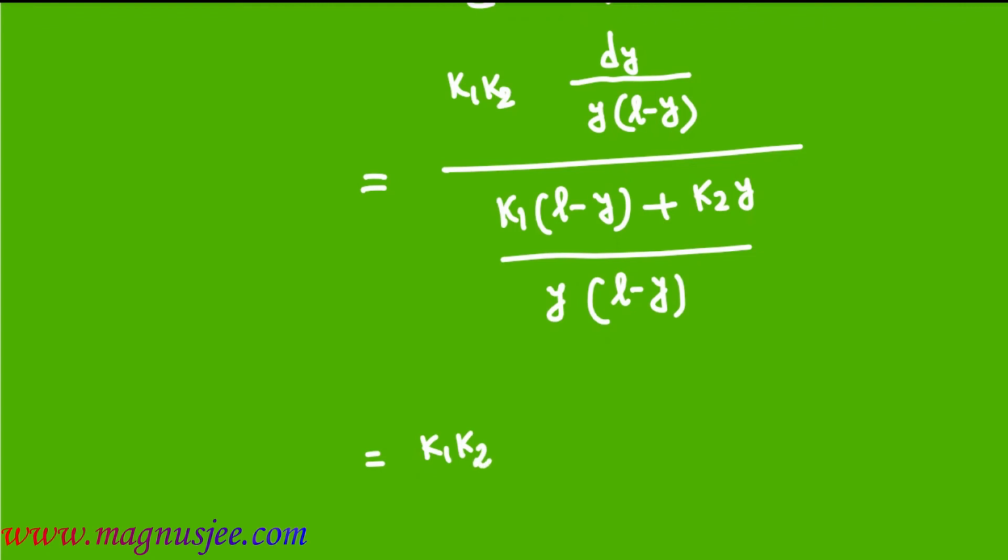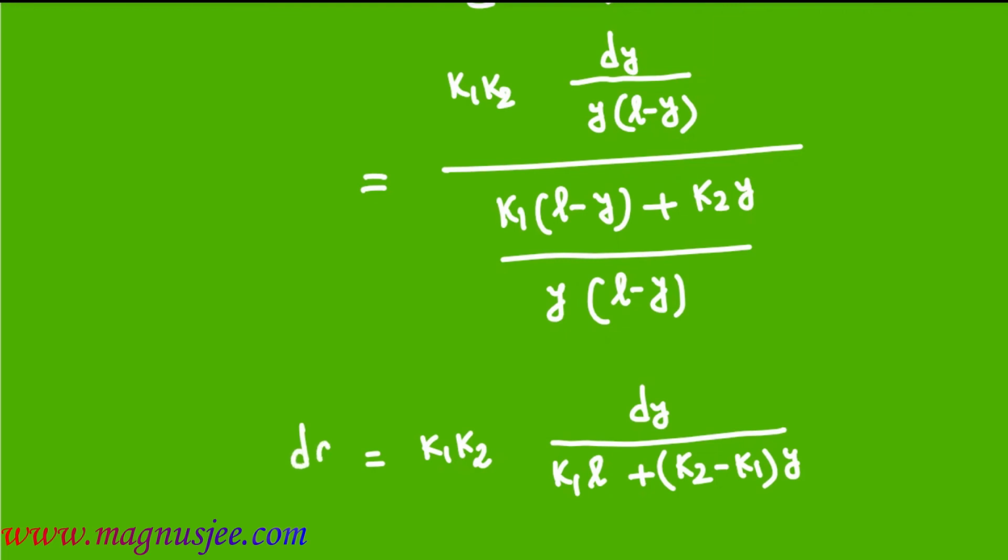Equal K1 K2 dy divided by K1 l plus K2 minus K1 into y, that is the expression of equivalent capacitance dC.